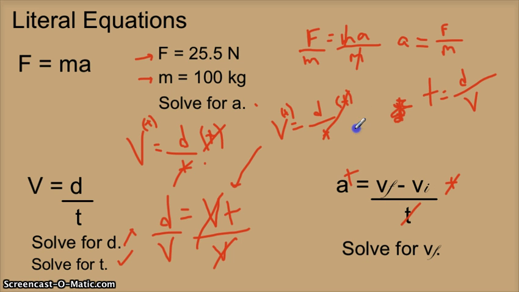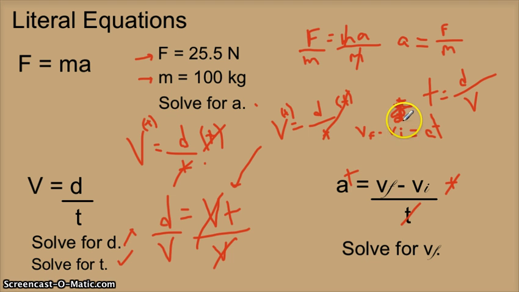I think I will write that down. VF minus VI equals AT. Let me go with a different color just because this is looking pretty muddled here. Okay, this is A and this is T. So I'm trying to get VF on one side. What would you do to just have VF on this side to get rid of the minus VI?